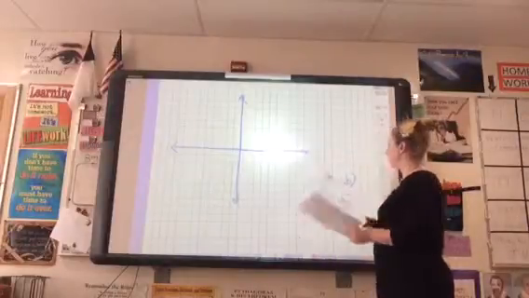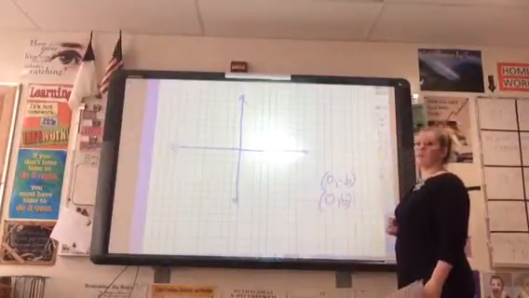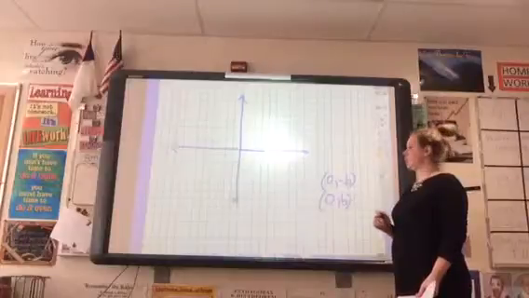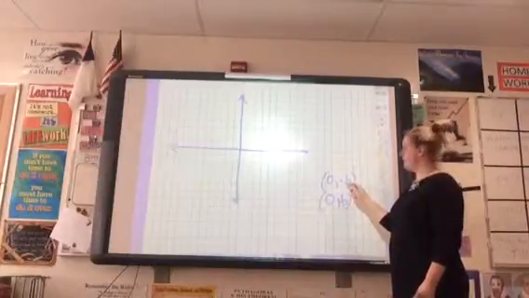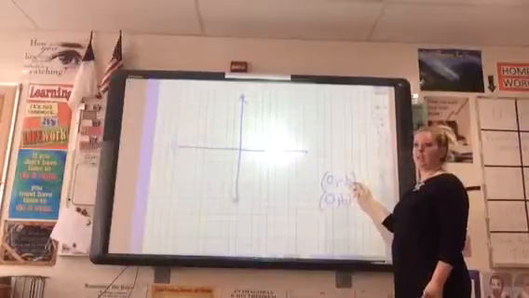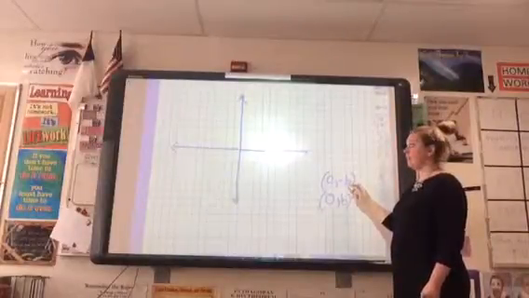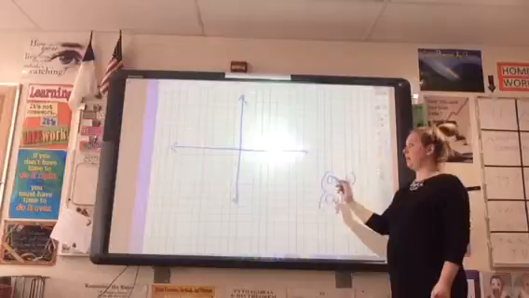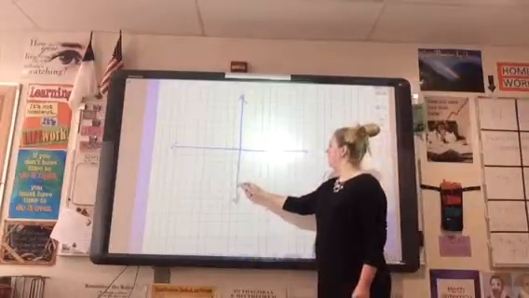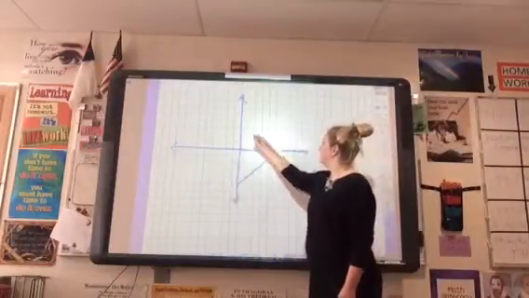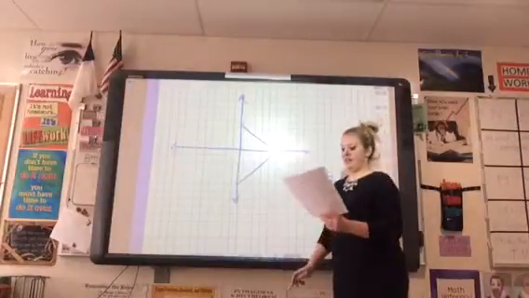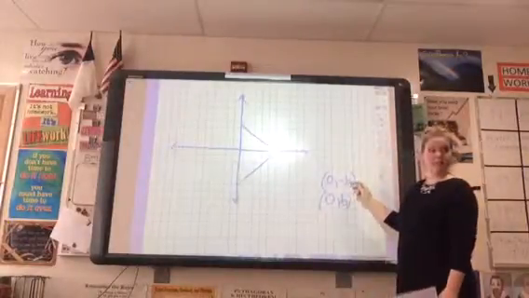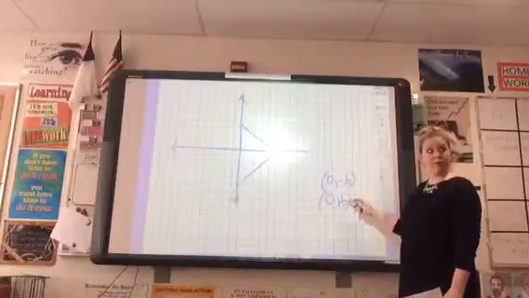Okay, so if we think about this for a second, I don't think we can put the whole triangle in the first quadrant because, look, one of them has a negative B as the y. So this is going to be looking like this. Because we have to have a negative B and a positive B for y.